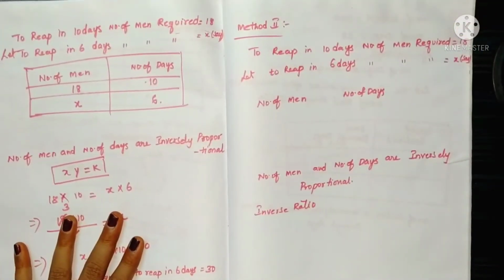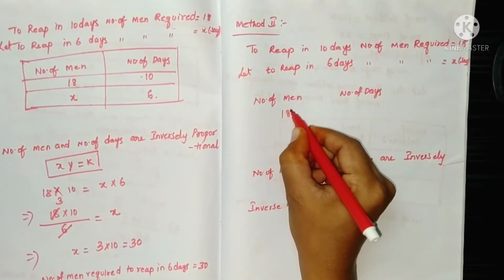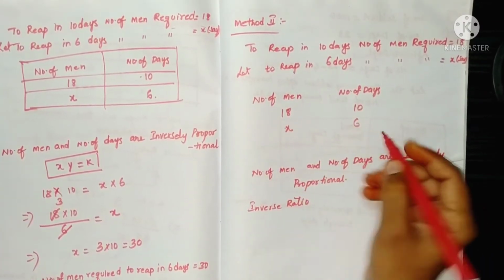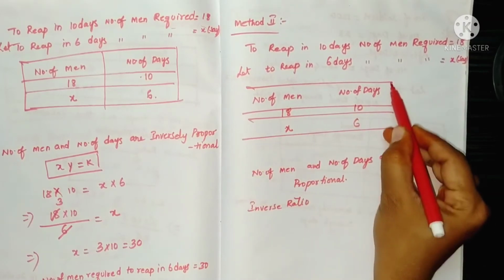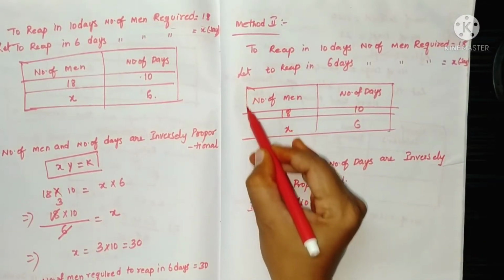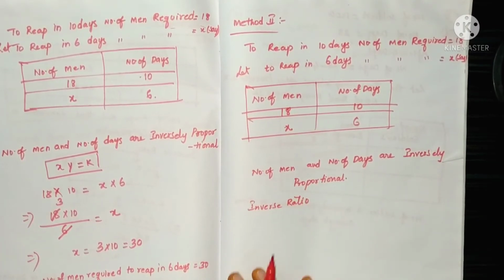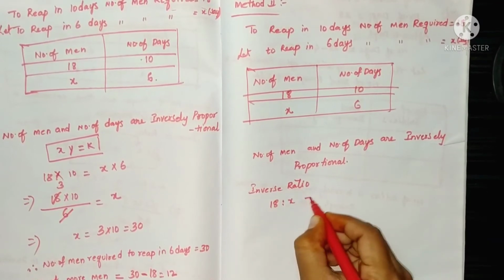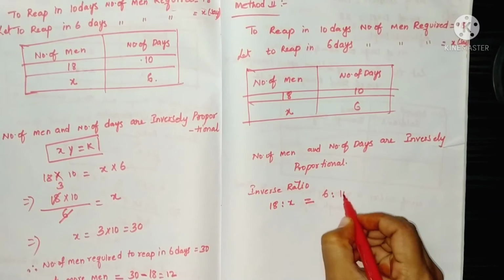So now in second method, that is proportion. So same steps. Number of men 18, number of days 10, number of men we want to find out, number of days 6. So number of men and number of days are inversely proportional. So take inverse ratio. 18 is to x is equals to just reverse. 6 is to 10.